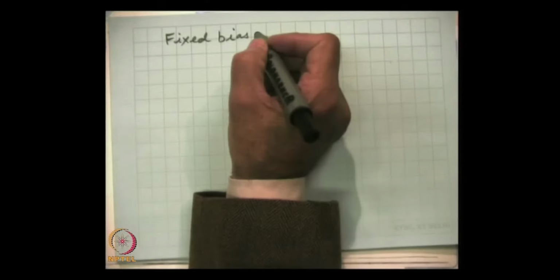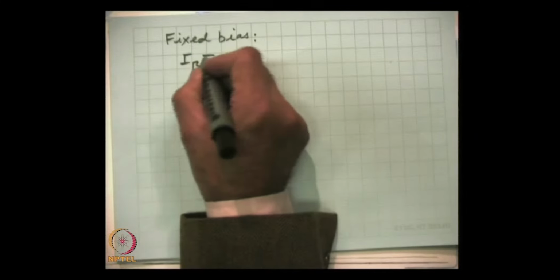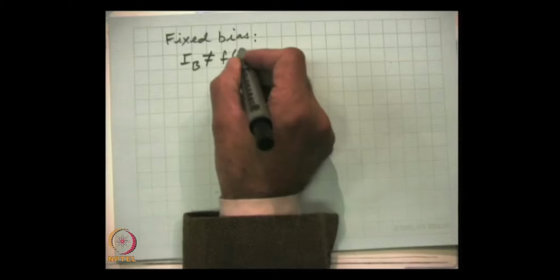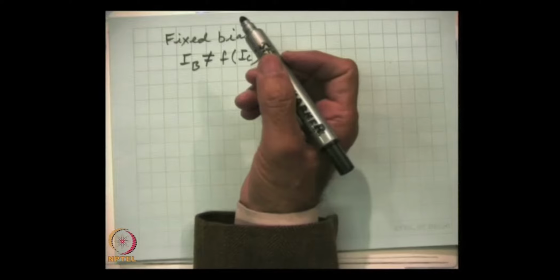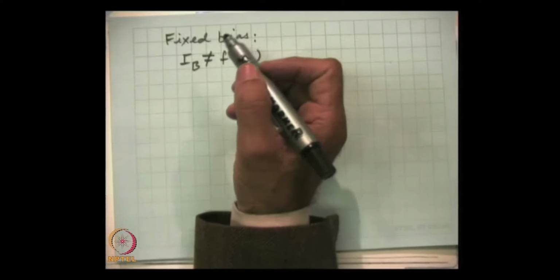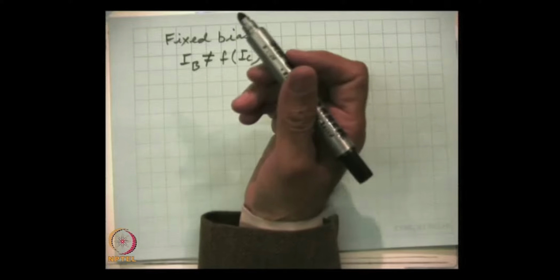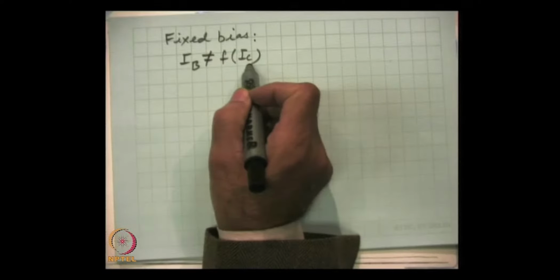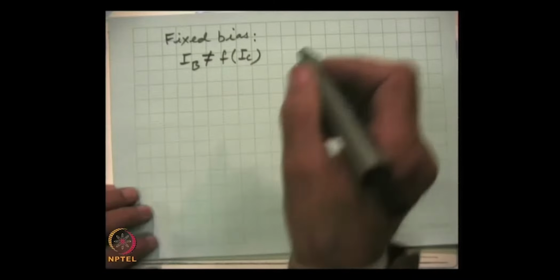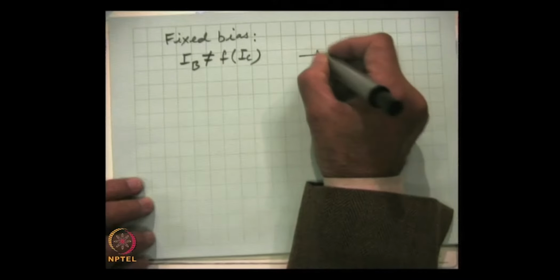In fixed bias, we will see that IB, the input current, is not a function of the output current IC. The reverse is always true, of course, as long as we have biased the collector in reverse bias and the emitter in forward bias, the output current will be a function of this, but definitely in the fixed bias the input current will not be a function of the output current. Let us look at the circuit.